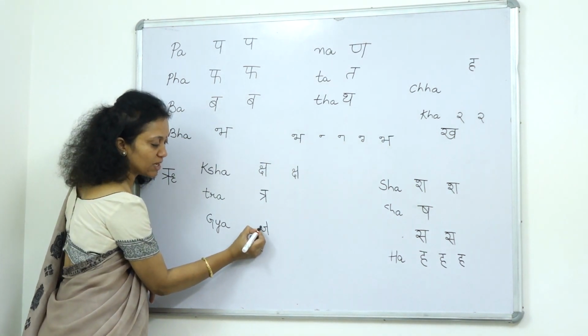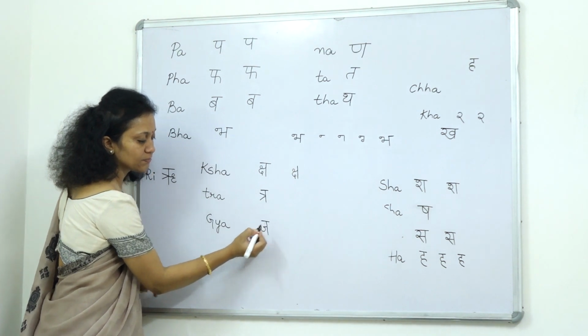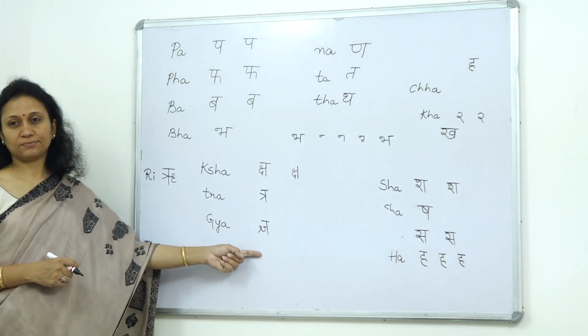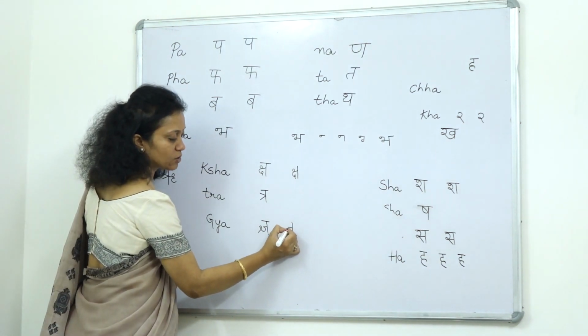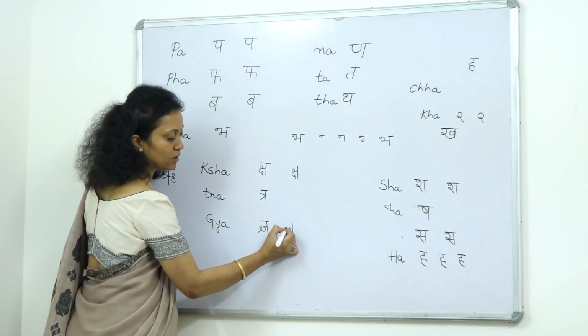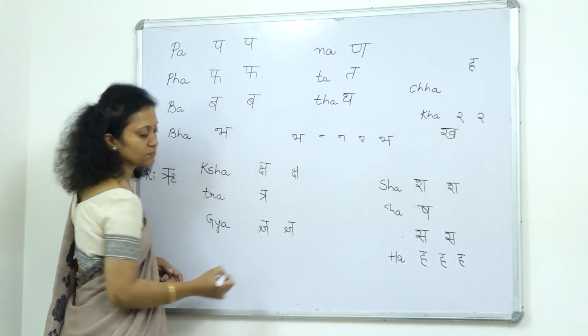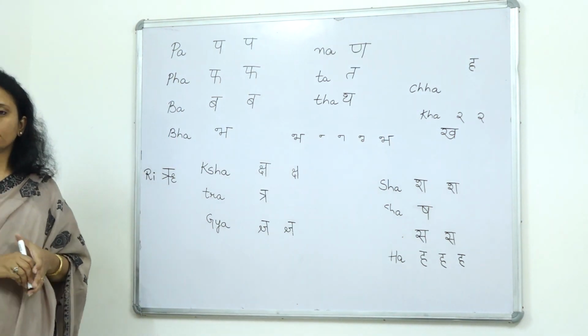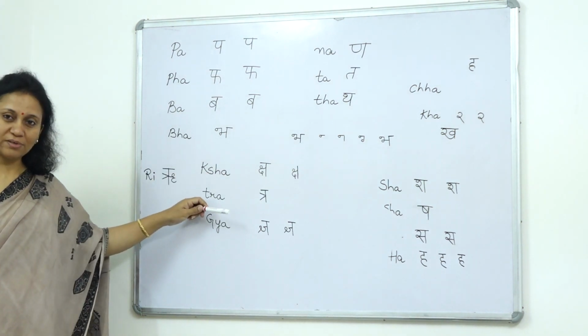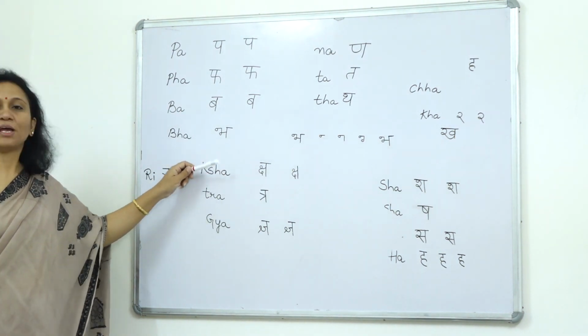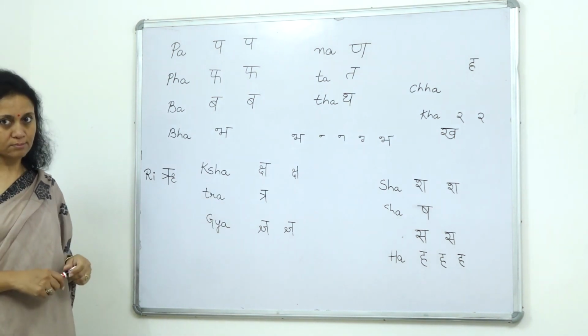So with the j, you make a loop and bring it down like this. So that's gear. Cute. So it was a vertical line, horizontal, hook, and then loop down. So these three letters are the last three letters that you have in the charts that you see, but they're very rarely used. Okay?